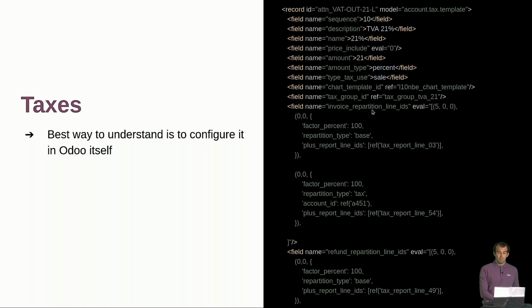And this is actually done also for intra-community, and to make it easier for the user to understand the link between the taxes and the tax report. Also beware that the first tax you define for sale, or the first tax that you define for purchase, will be the tax that is used by default.